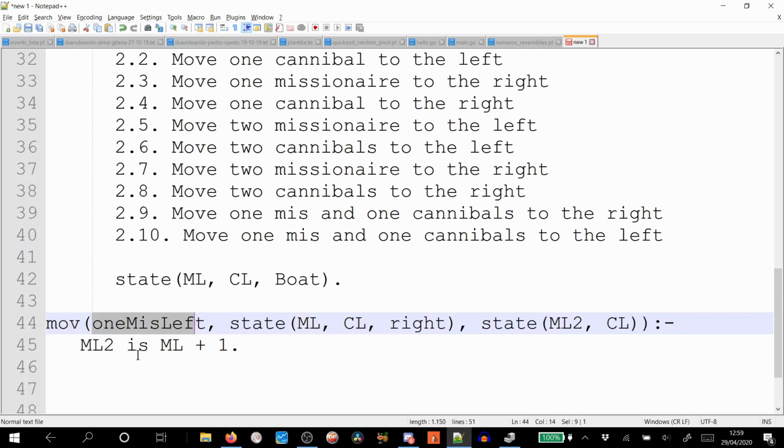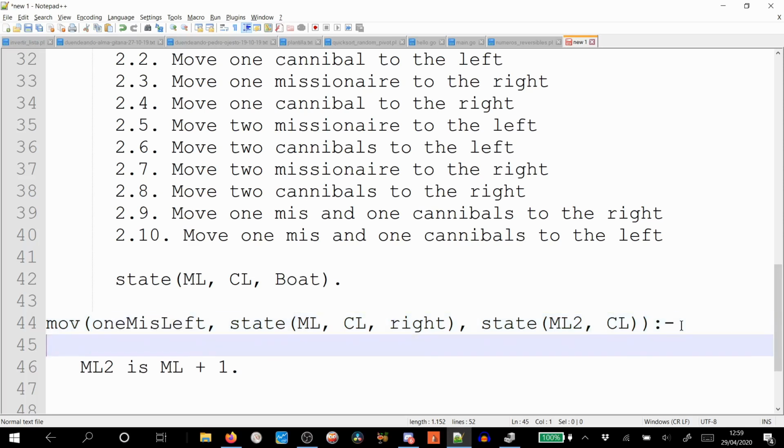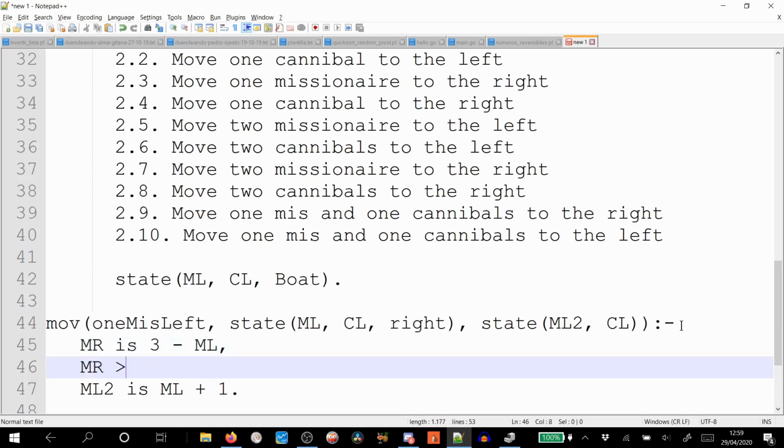That will be the implementation. Only modify the number of what I have to check if that is true. I can only move one missionaire to the left if missionaire to the right is 3 minus missionaire to the left, if missionaire to the right are greater than 0.